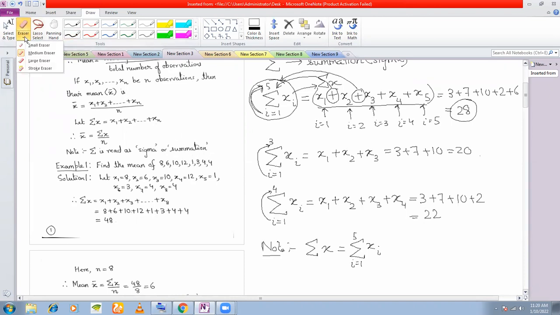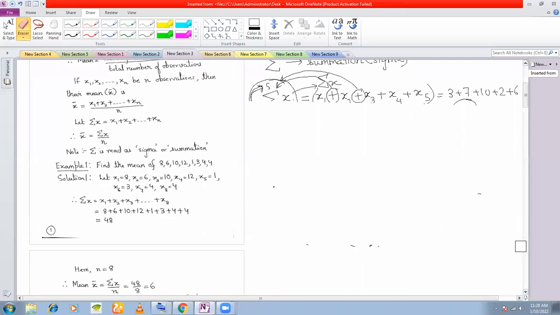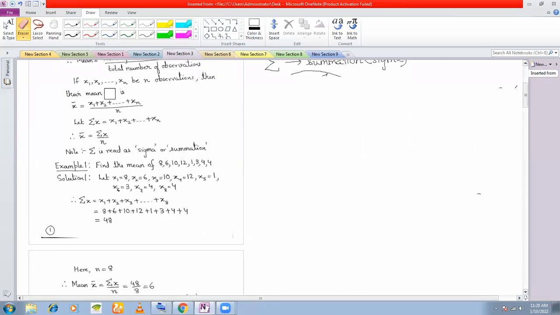Once we know the sigma notation, we'll now move on to the definition of arithmetic mean. What we mean by the mean of observations.